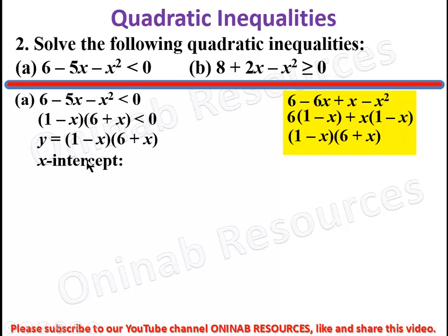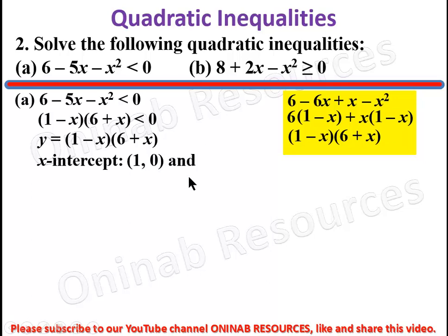So at the x-intercept, y is equal to 0. If you change this to 0, it will become a quadratic equation. If y is 0, meaning 1 minus x is equal to 0, which means x is going to be 1. So the first intercept is 1, 0.